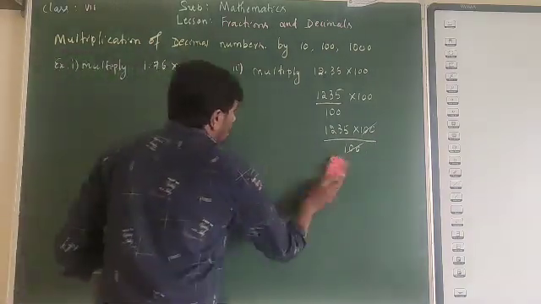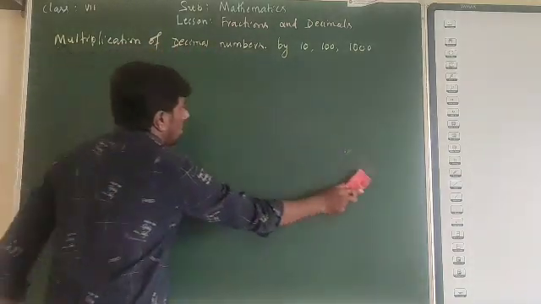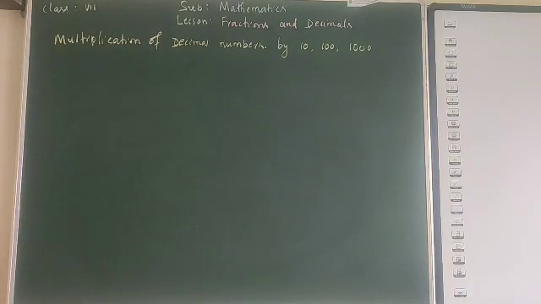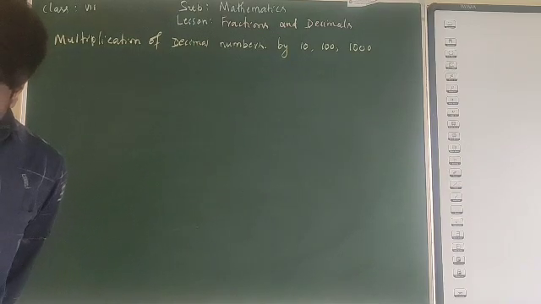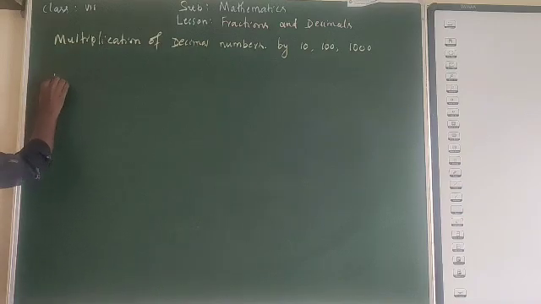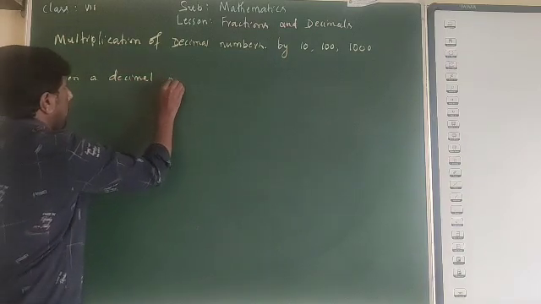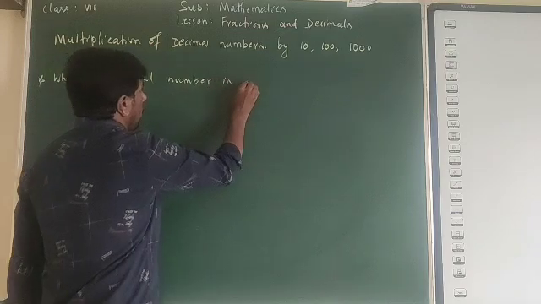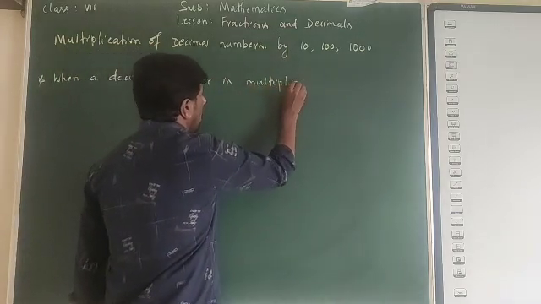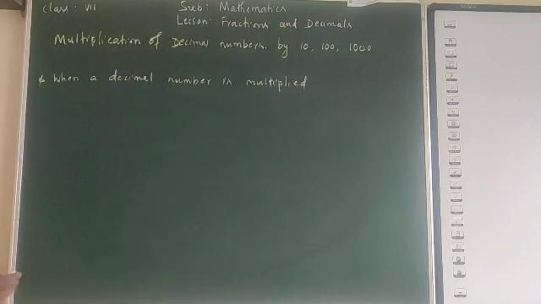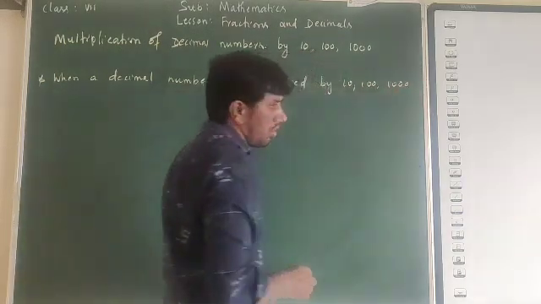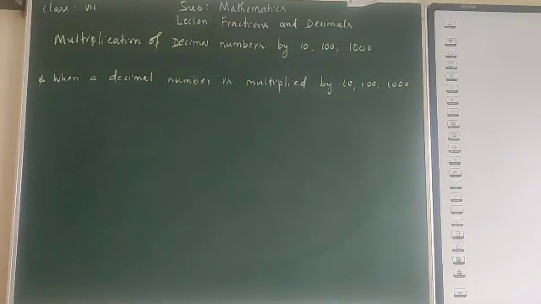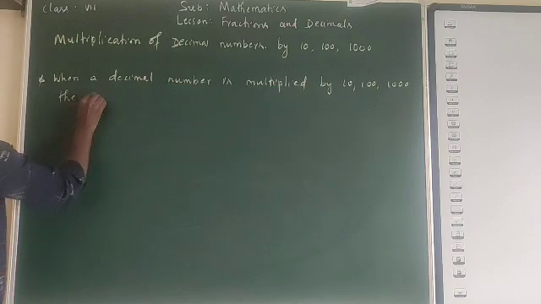Now the statement you can write: when a decimal number is multiplied by 10, 100, 1000, the digits in the product are same.